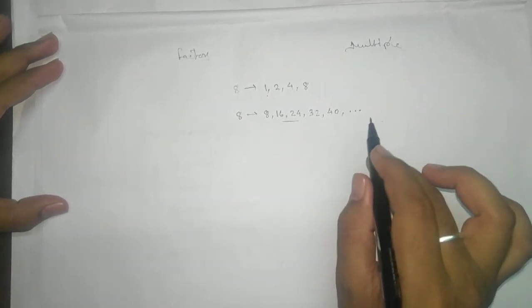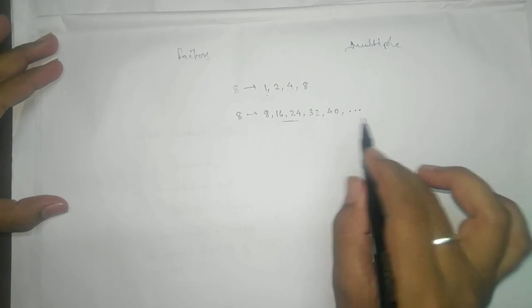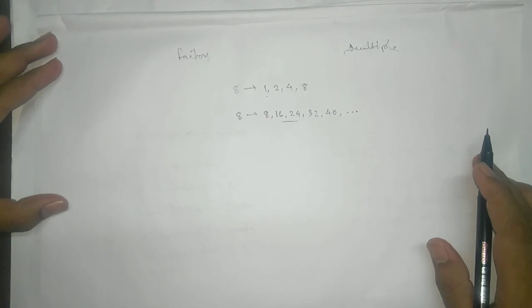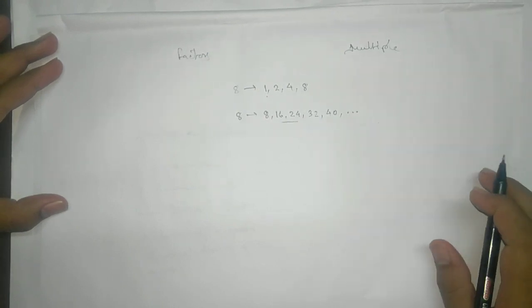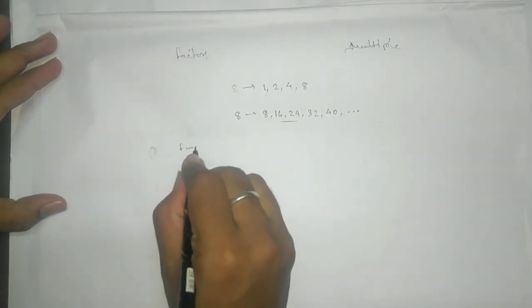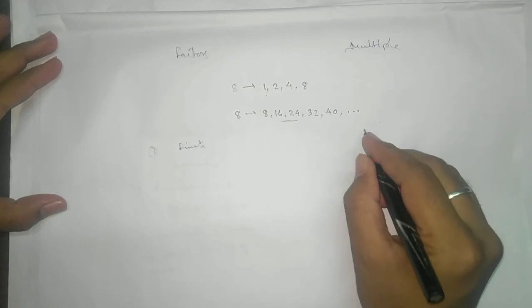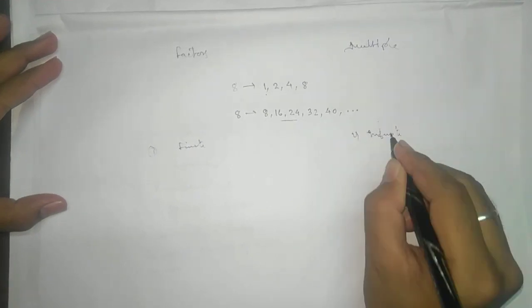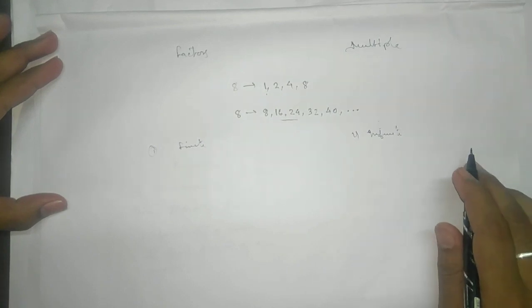That means multiples of a number are infinite. So on one side we have finite, and on this side infinite. In short, you need to write: multiples of a number are infinite.